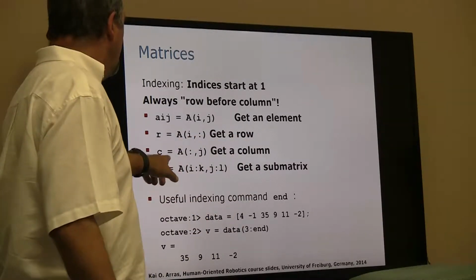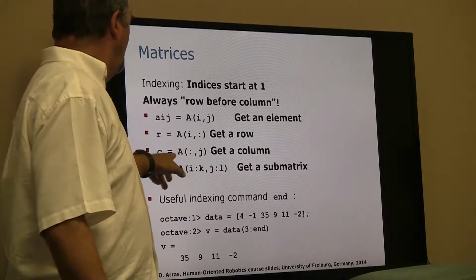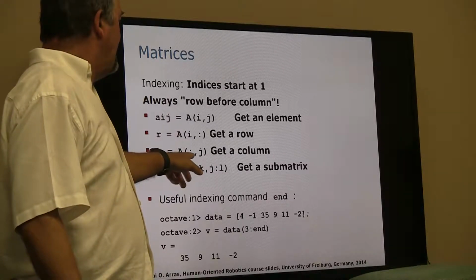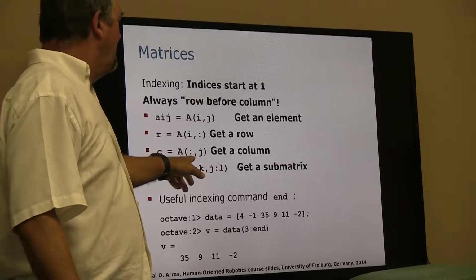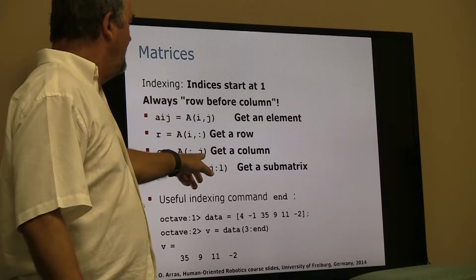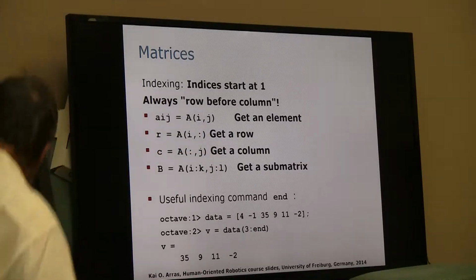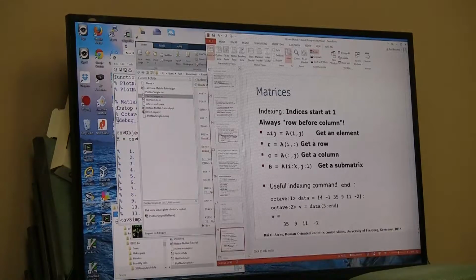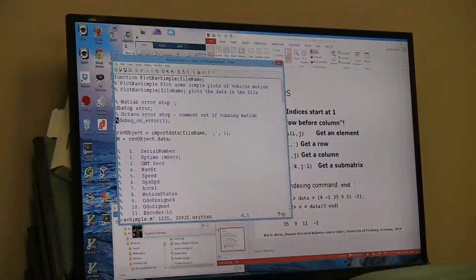And conversely, C gets one column, all of the values at column J. And this is commonly used.